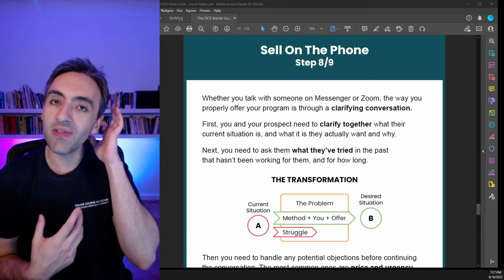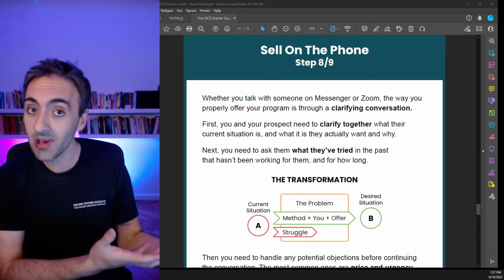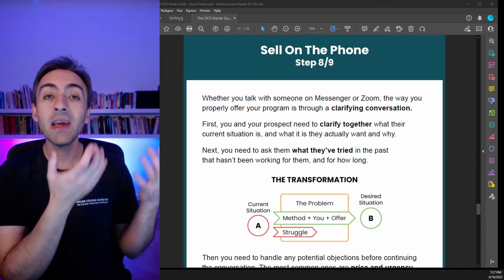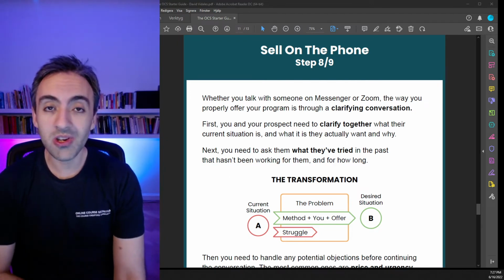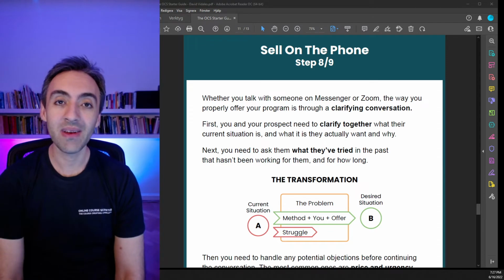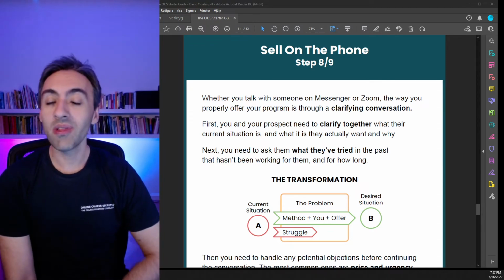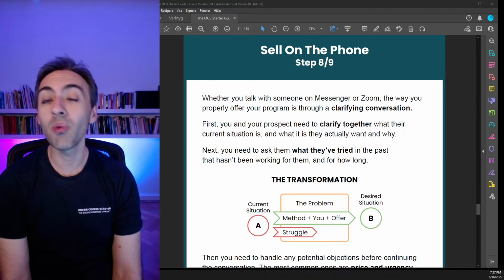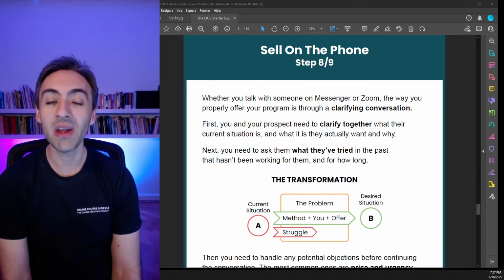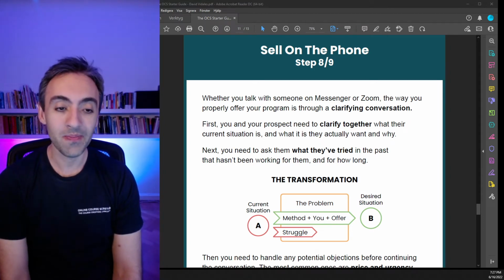So we can see if this is actually something that they're looking for or not, if this is actually important for them or not. If it's not important for them, don't charge them or don't even offer your program, right? If it is important, I would say it's your obligation to offer them your help. It's a moral obligation to help someone if you can help them, and it's crucial and important for them and you can do it, right?